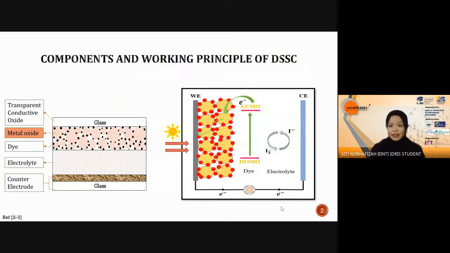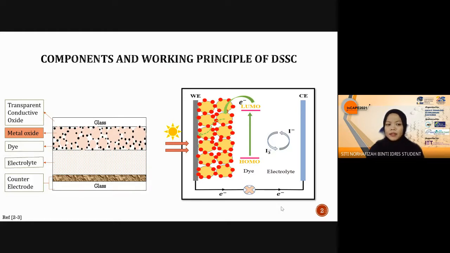Here are the basic components in the DSSC, which is transparent conductive oxide, usually fluorine doped tin oxide (FTO) and indium tin oxide (ITO) glass. For the second layer, there are metal oxide and dye sensitizer.